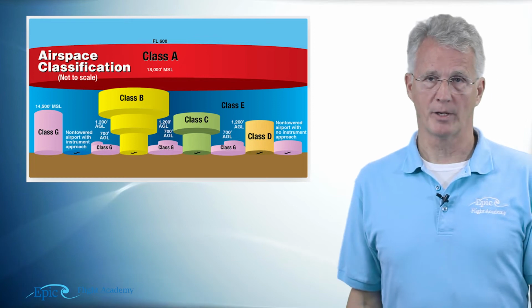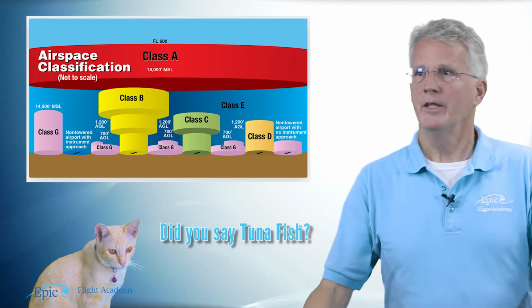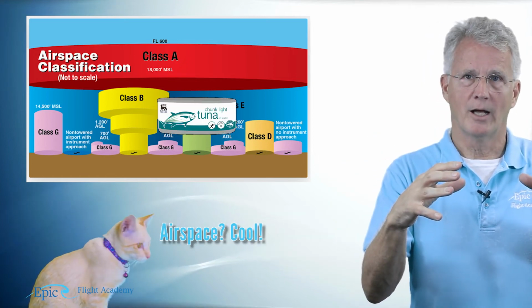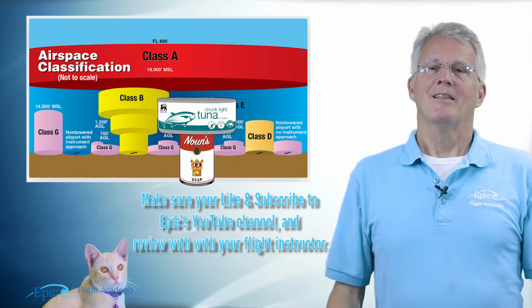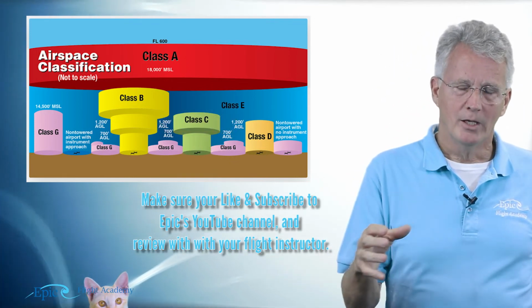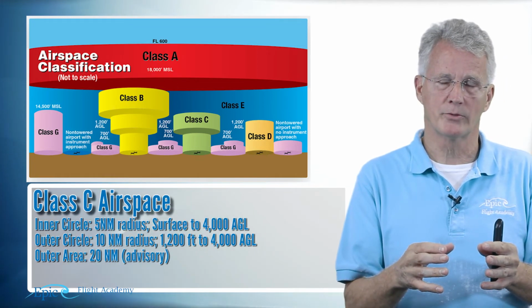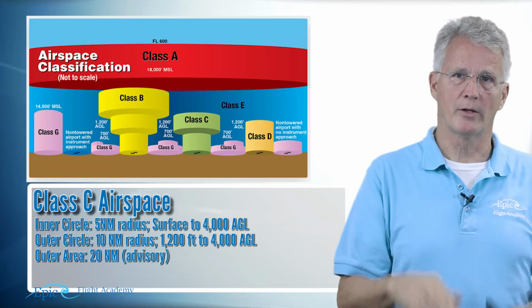Dimensions of Charlie airspace. Well, who likes tuna fish? I don't know, I love tuna fish. This is a tuna fish can set on top of a soup can, sort of. The inner circle has a 5 nautical mile radius and goes from the surface up to 4,000 feet.